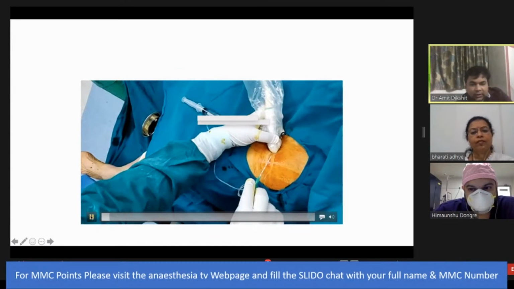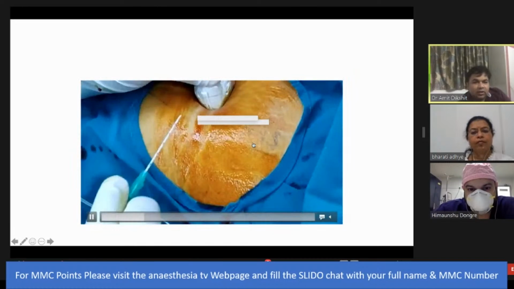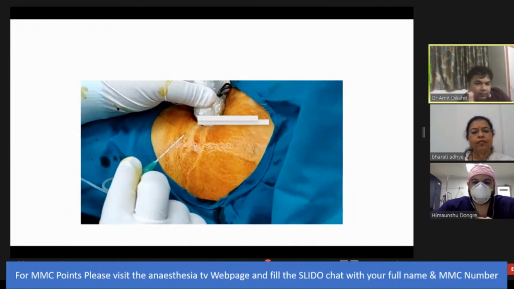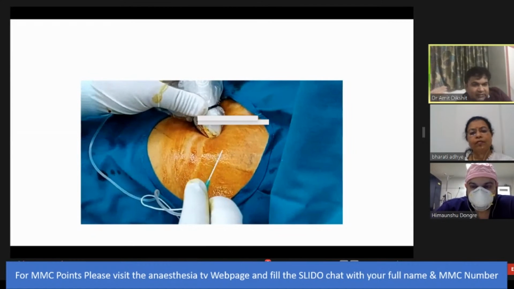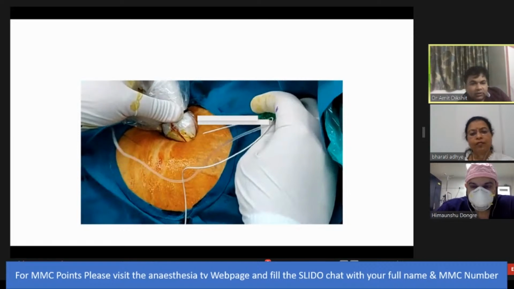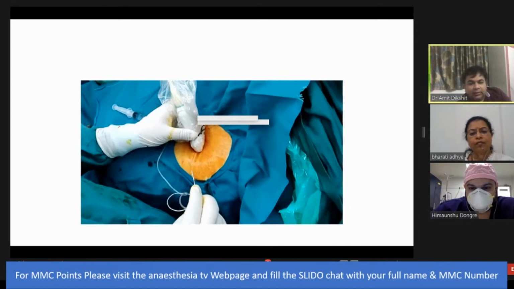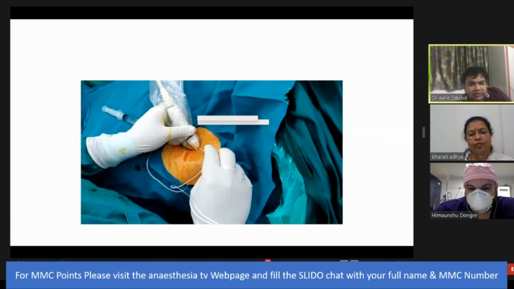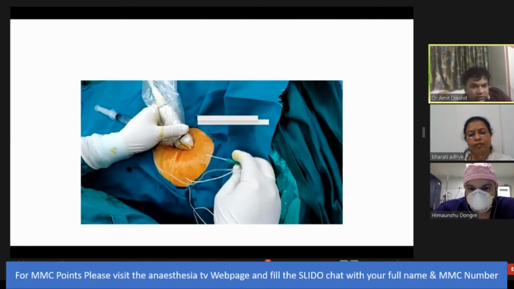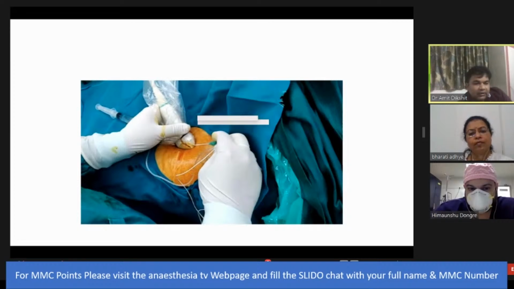So here is our adductor canal, and then I move the probe in such a way that the probe lies in the long axis of the sartorius, and from craniocaudal I tend to place the catheter. I move the probe to such an extent that I continue to see the femoral artery, and just by the side of the artery I put my catheter.